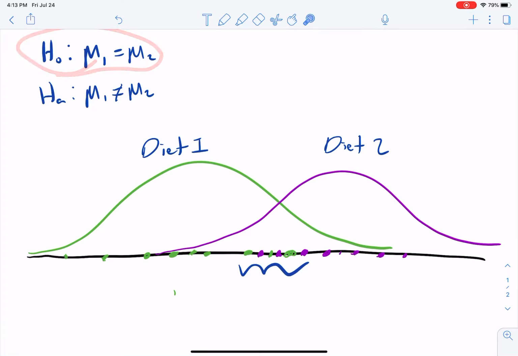We would incorrectly come to the conclusion that there is no difference when there is. We don't always know that, but in this example that I'm giving, we can see that it's possible that we might make a mistake every now and again. Okay, so we're saying that something is not happening, that the difference between these two things is that something is not happening when there obviously is, right?